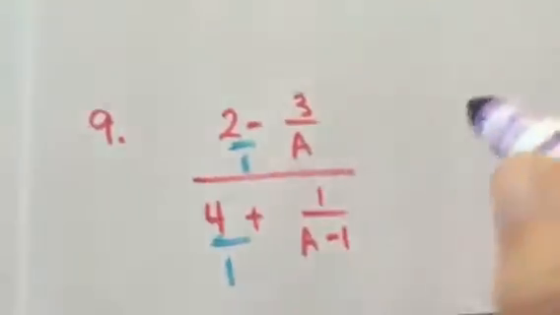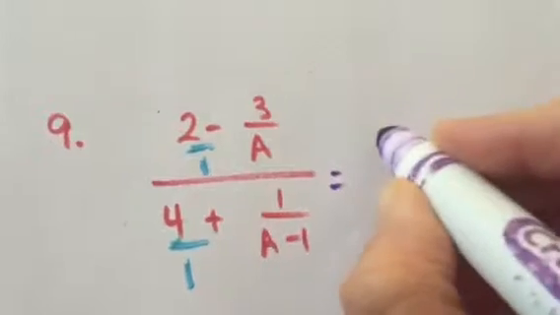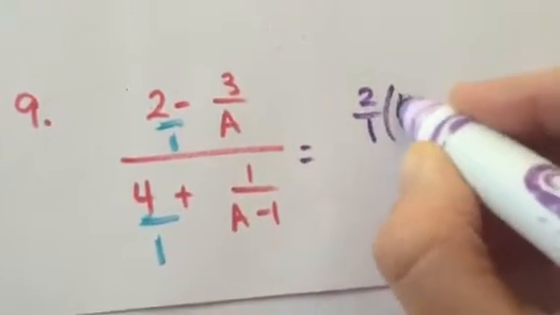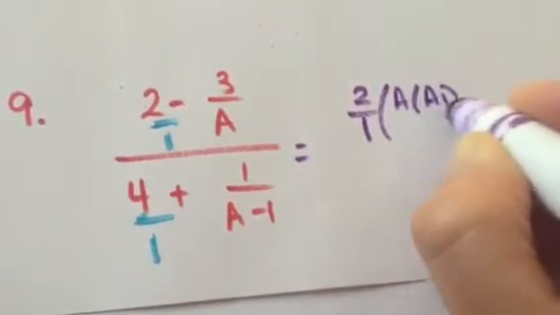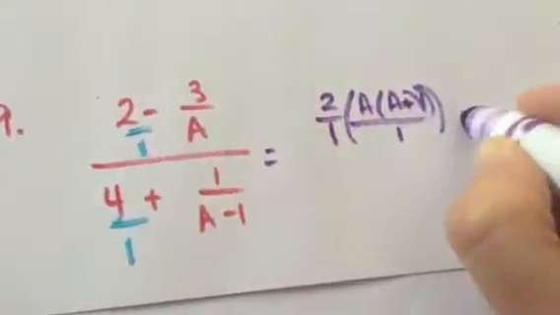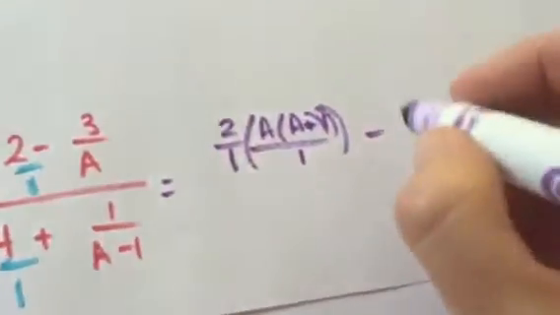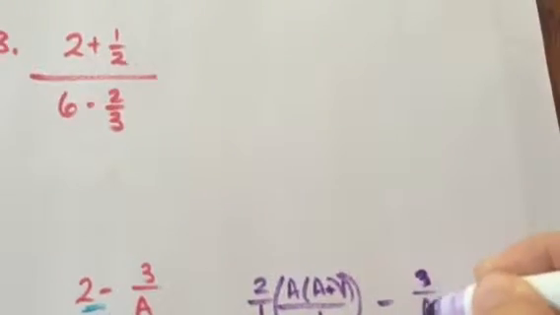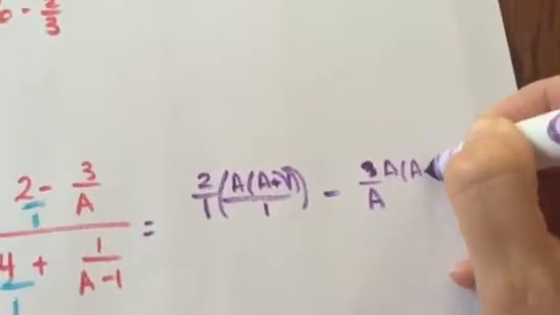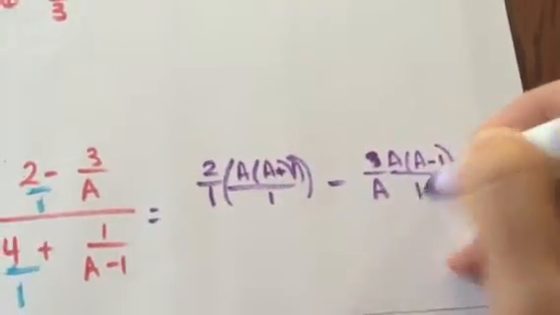So I'm going to multiply this guy, and I'm going to rewrite this because it's kind of yucky. Here's my 2 over 1. I'm going to multiply him times a minus 1. Here's my 3 over a. I'm going to multiply him times a minus 1, all over 1.